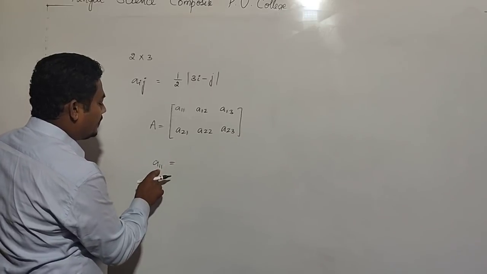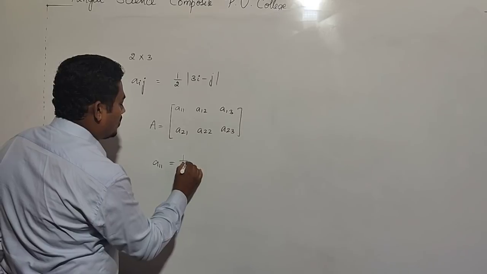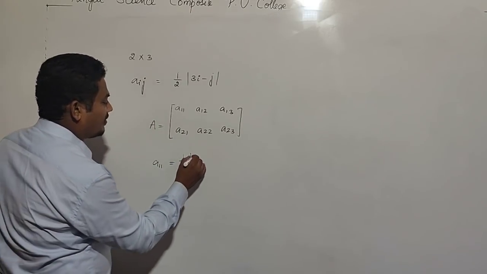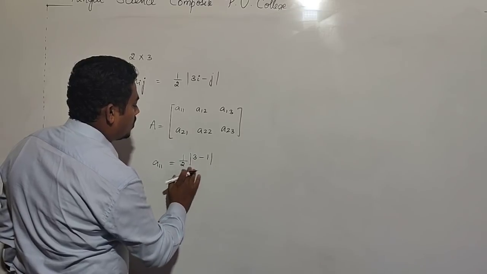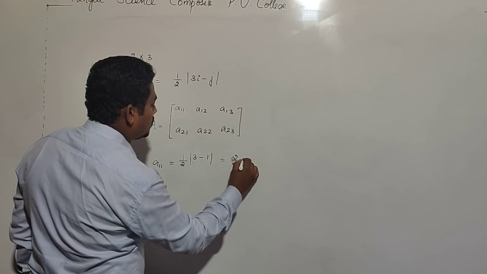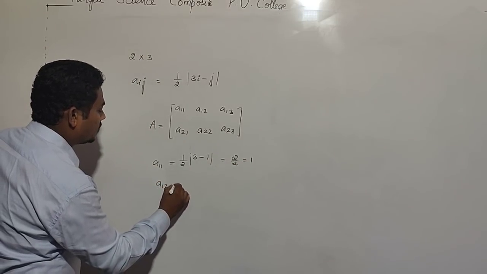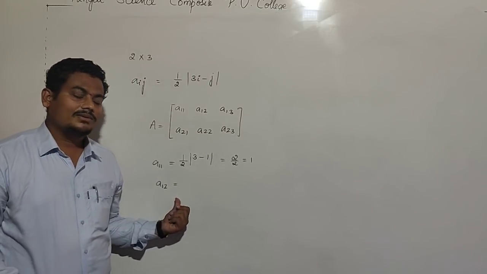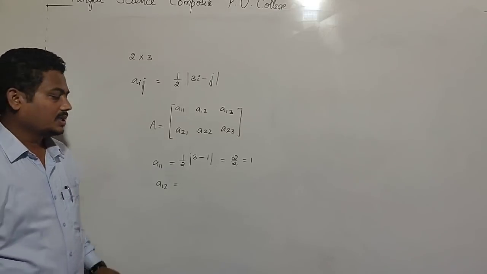A11: replace I value 1, J value 1. Then 1 by 2 modulus of 3 into 1 minus 1 equals 2 divided by 2, equal to 1. After that, A12: replace I value 1, J value 2.